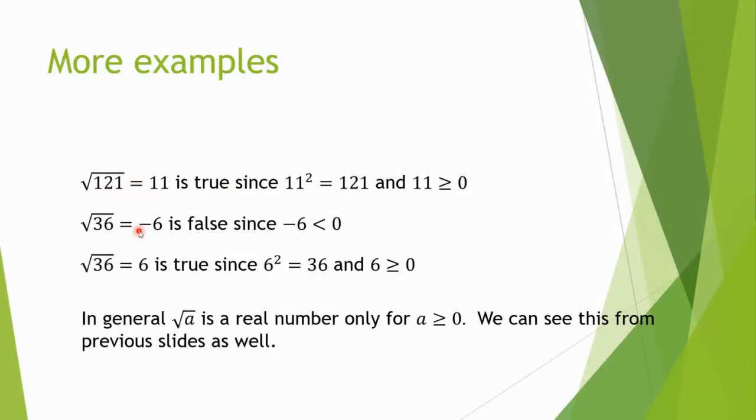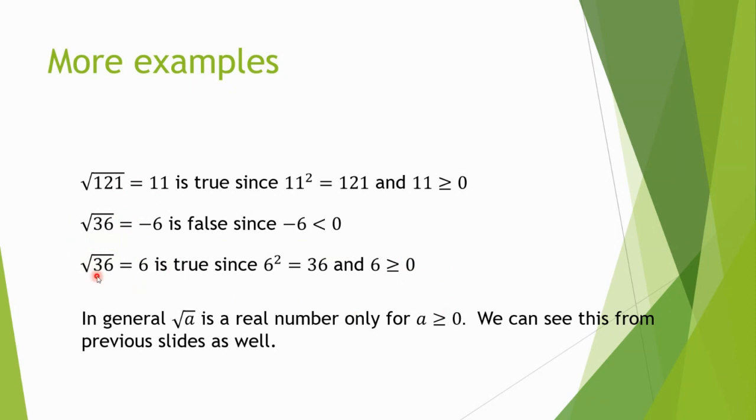Whereas in this line, it doesn't. It's not -6. Well, it can't be negative because by definition, this has to be non-negative. I mean, yes, if you square -6, you get 36. However, this has to be greater than or equal to 0, and -6 is not. So the bottom one is the correct notation.